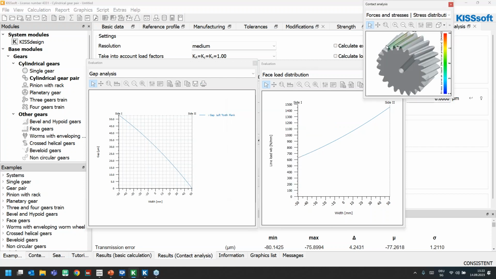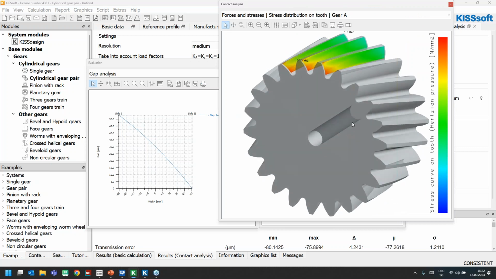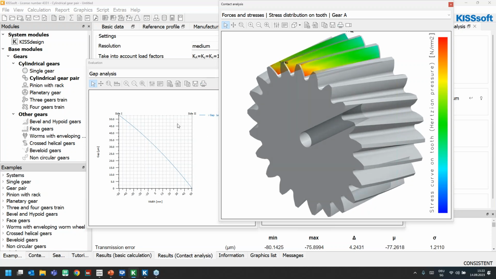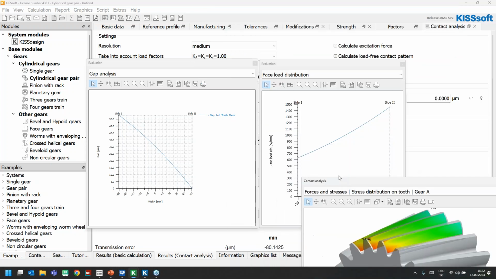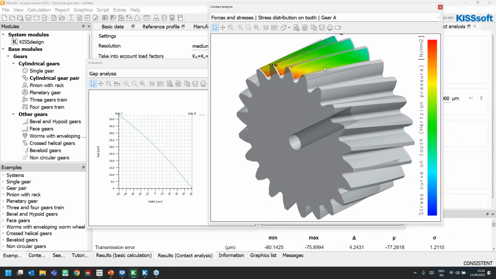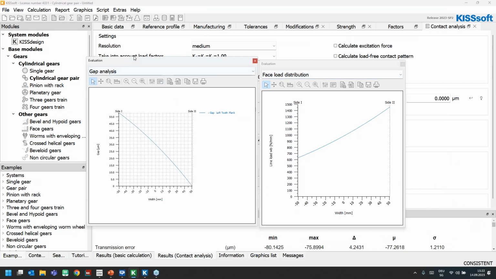So what we can see here in 3D, if I turn this around, is this typical situation where the load is concentrated on an edge. And this line load distribution that you see over here is basically showing you the situation around the pitch circle. So let us first talk about the gap analysis.